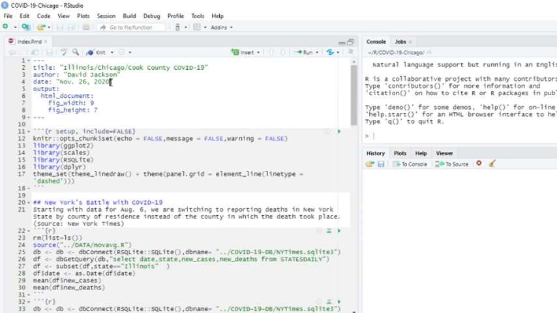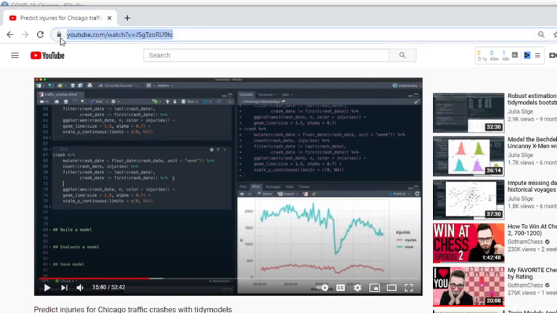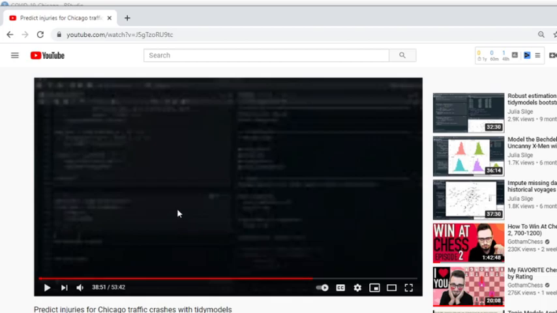Let's update our data here. We can get rid of this starting. We don't need this. Let's just put this over here.